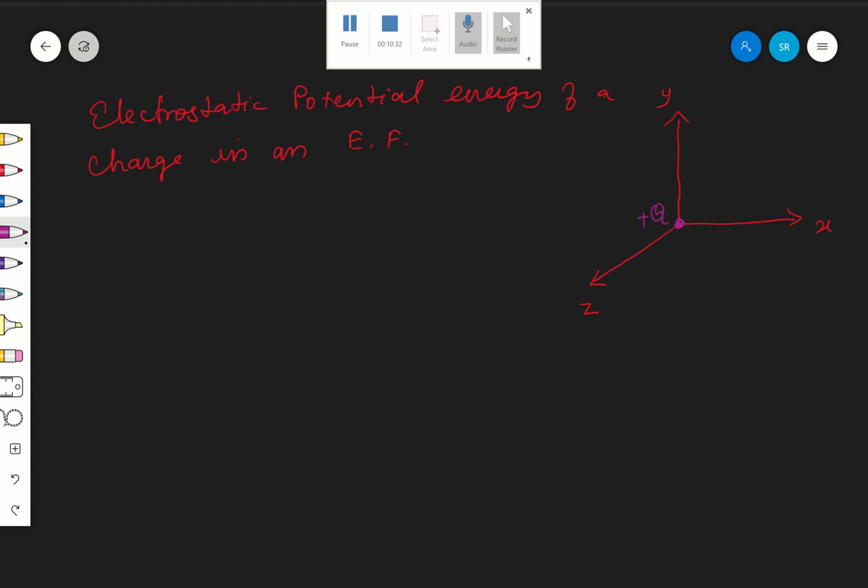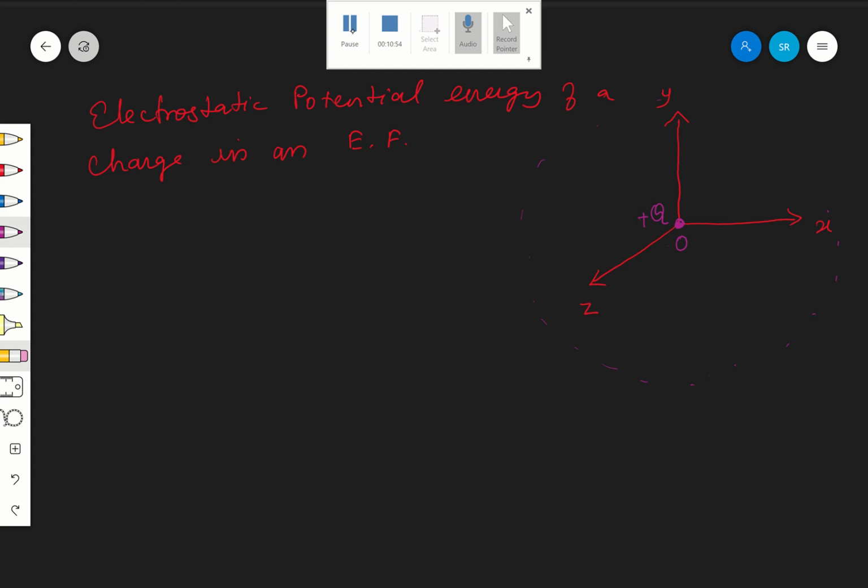Since the charge is kept there, definitely there will be an electric field around it.